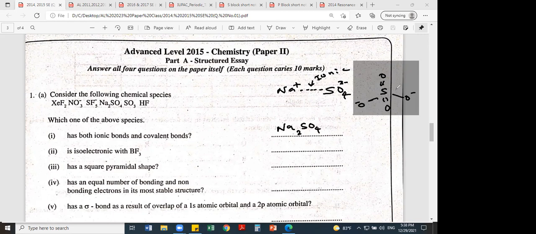So these are 6 covalent bonds. Can you write that? Please write that. Sulfate ion contains covalent bonds, but Na plus and sulfate ion are ionic. That's why it has both ionic and covalent. All the others contain only covalent bonds. I mean primary interactions I am talking about.